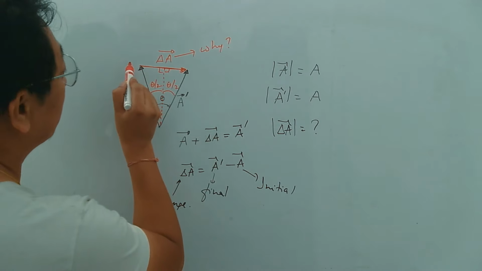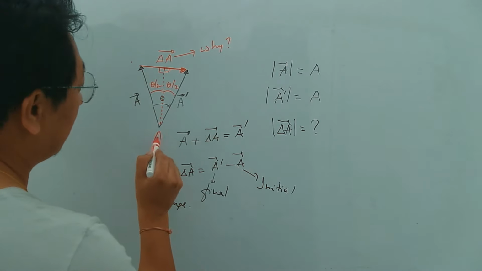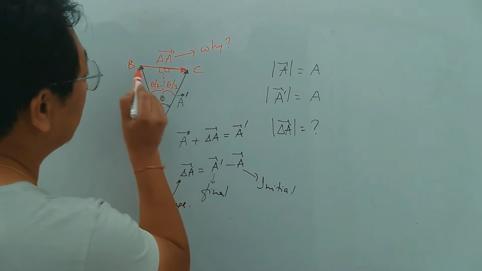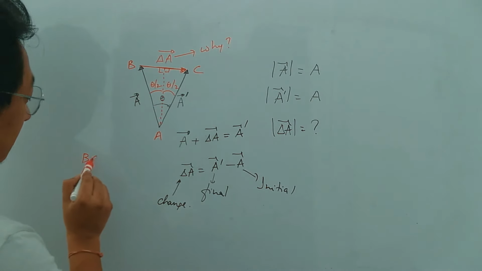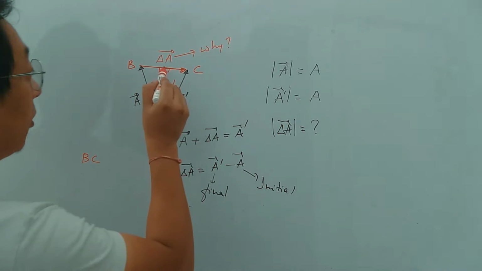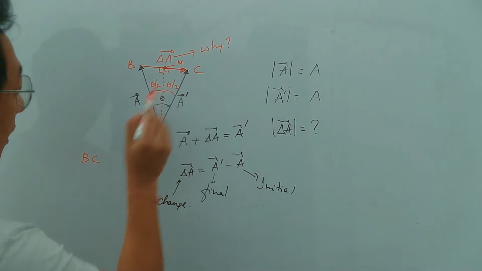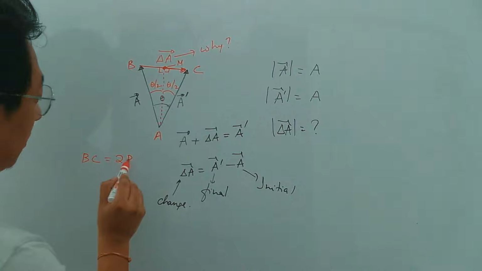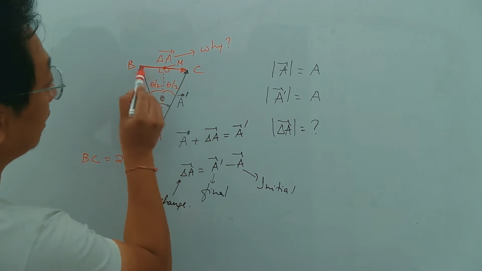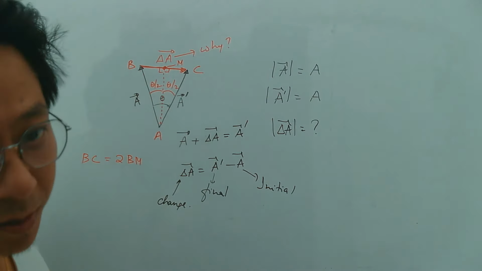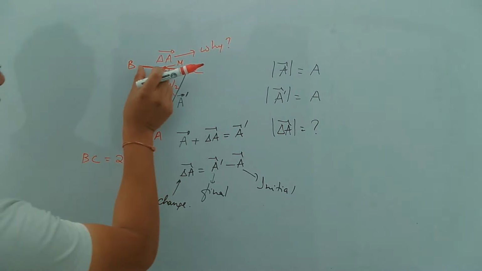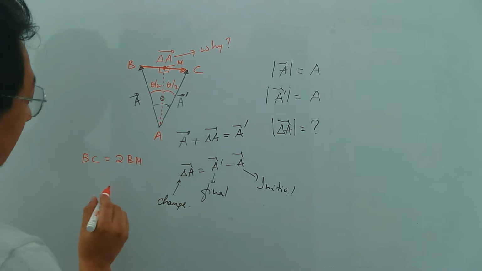Let us call these points A, B, C. So I want to know this length BC. Let me call the midpoint M. Then BC, this whole length, is nothing but twice BM, because this side is BM and this side is the same as BM. So BM plus BM will be 2BM.